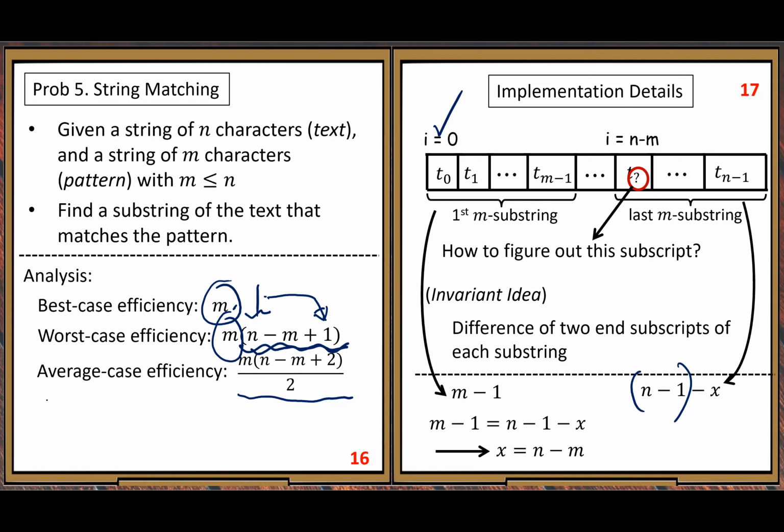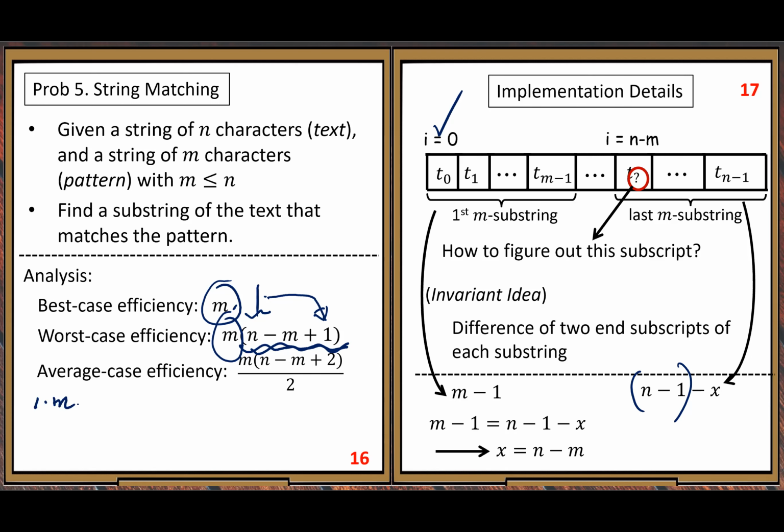Since you asked me this question, let me write a little more detail. If some of you like to use the original definition of the average: for the best case, 1 times m comparisons.